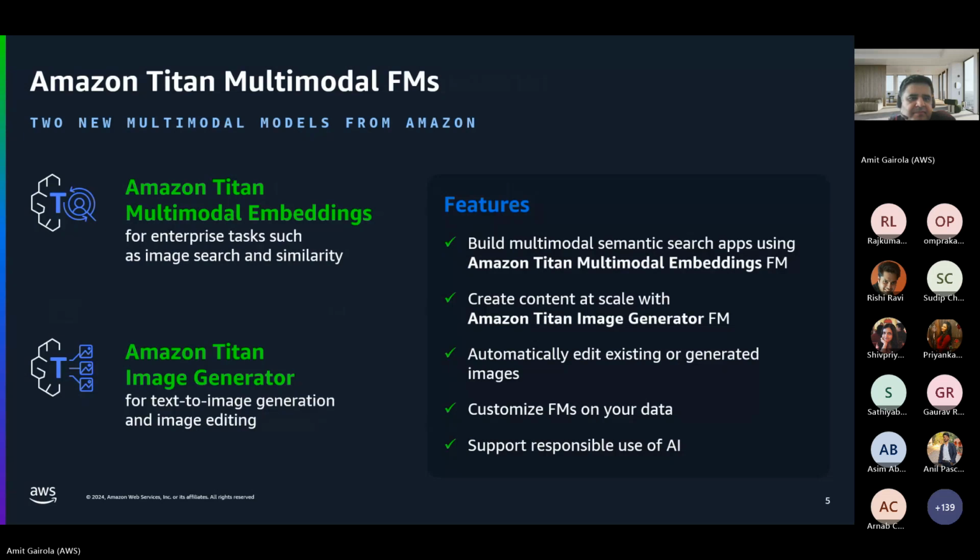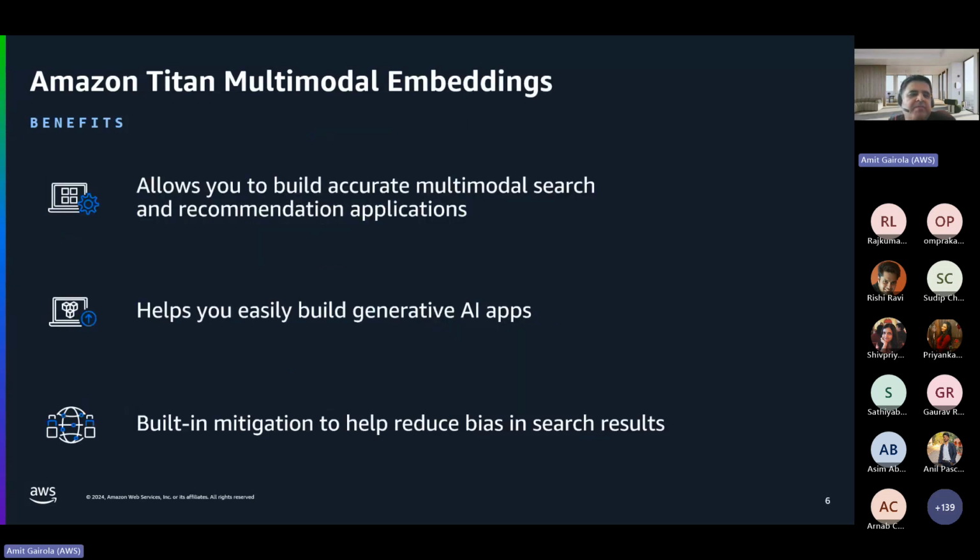So what is the Titan embeddings model? It allows you to build accurate multimodal search. So if I have data which is residing in images, video, audio, I can do a multimodal search and build recommendation applications. What it means by recommendation applications is that, let's say you are building a recommendation system for a customer.